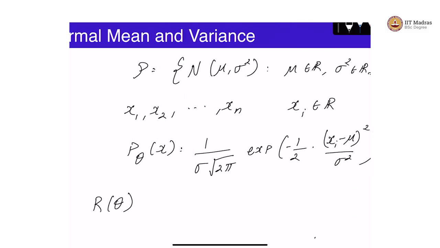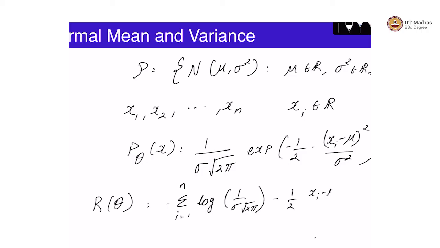So what is R of theta? R of theta is minus sum over i equal to 1 to n of log of 1 by sigma square root of 2 pi, plus, minus, half into xi minus mu the whole squared by sigma squared.